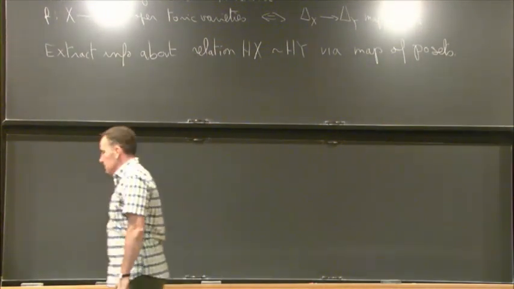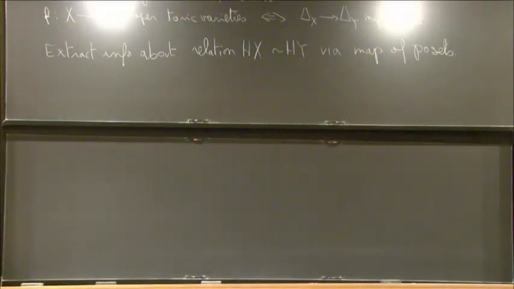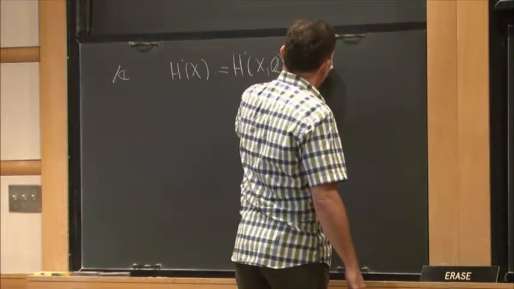So first, let me just say what I mean by toric variety. So a toric variety X. I work over the complex numbers, but everything holds over any field. And I work with cohomology with Q coefficients, and same for the intersection cohomology.